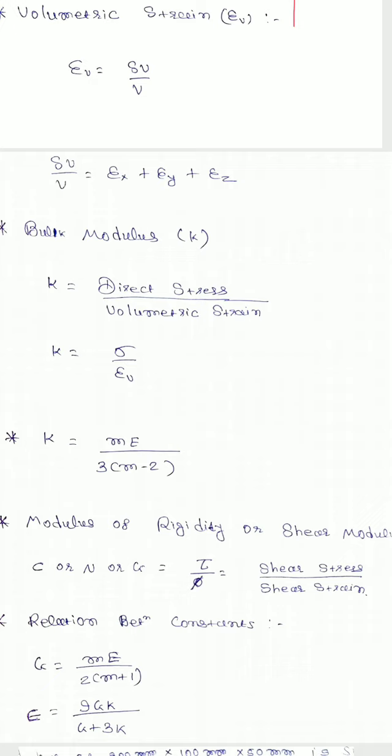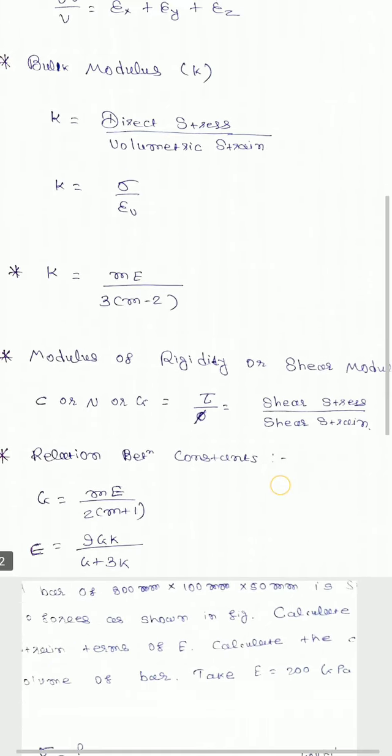It is denoted by C or N or G. It is shear stress upon shear strain, tau upon phi. Phi is shear strain and tau is shear stress. Now, the relation between modulus of rigidity, Young modulus, and Poisson's ratio is G is equal to mE upon 2(m plus 1). Another relation is E is equal to 9GK upon 3K plus G. All these equations we will use in our numerical.